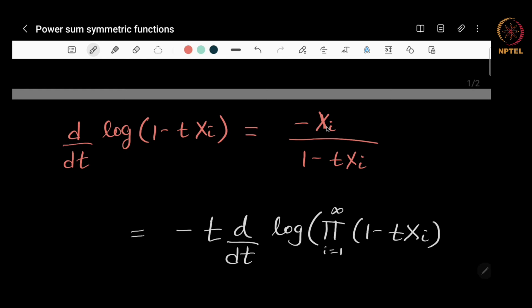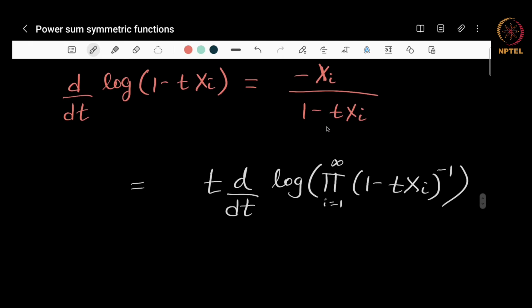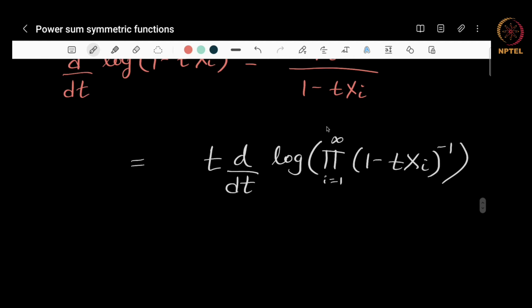Log of the product is the sum of the logs, and I'm also going to absorb the minus sign by putting that as the exponent. So all the usual algebraic properties of log I have used. Those all work the same way when you have power series in play. So that's the final conclusion after rewriting it in this form.